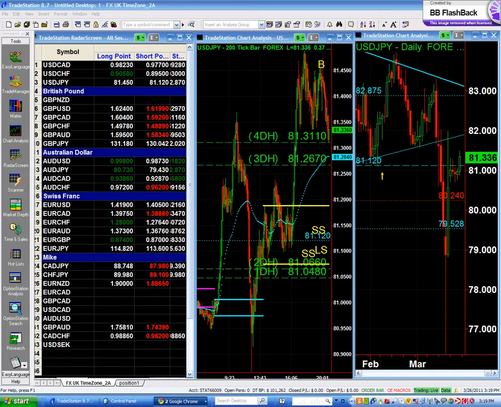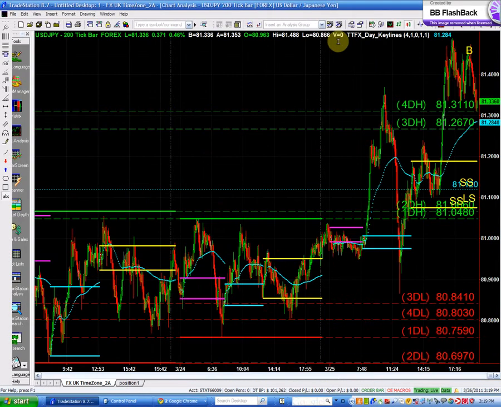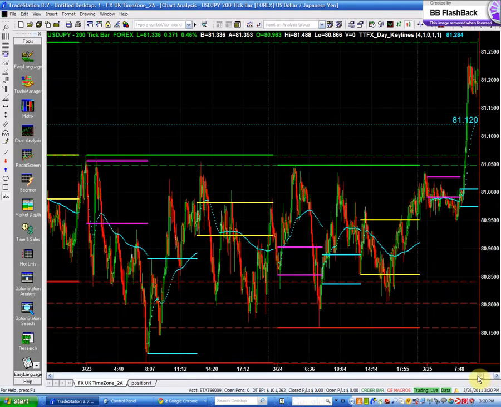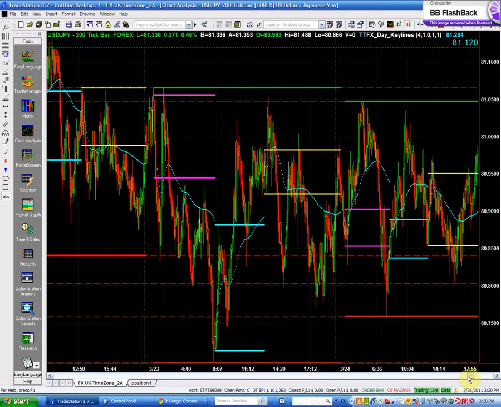I mean, they're not going to wait until it comes here, and once it comes here, start jumping in and buying and supporting it. No, this is what they will do. They will wait until, and you can see it right here, you can see the same action, the same behavior right here. This is all below the 81.12. Nothing has happened. It's just moving sideways below the structural point.